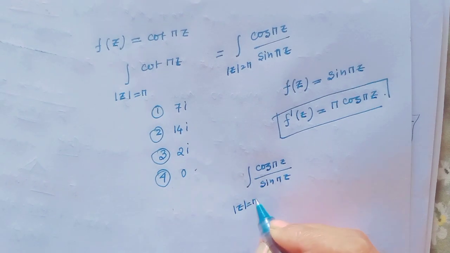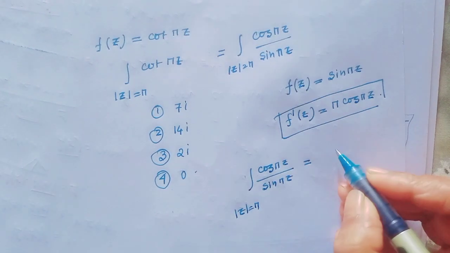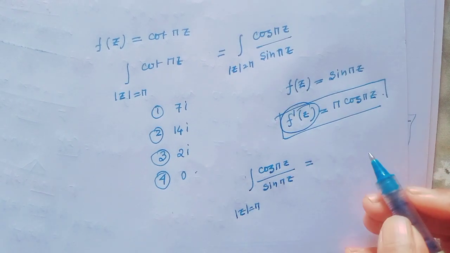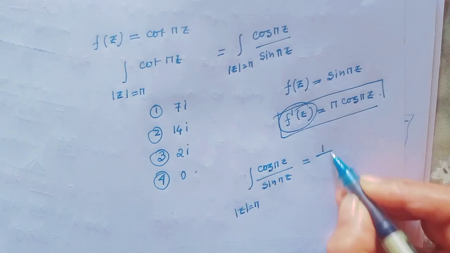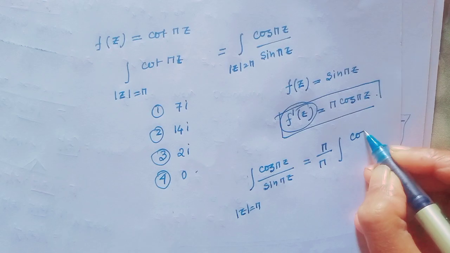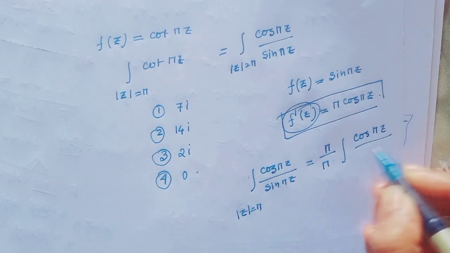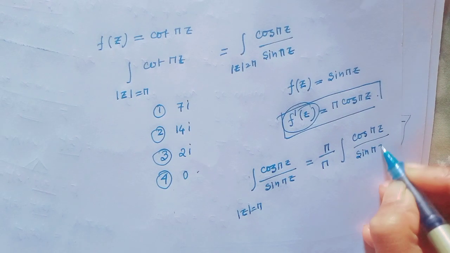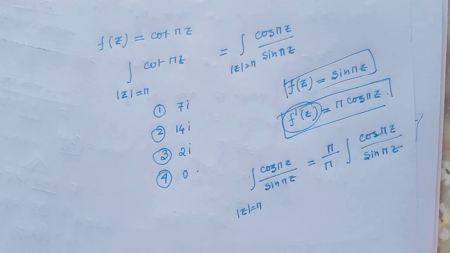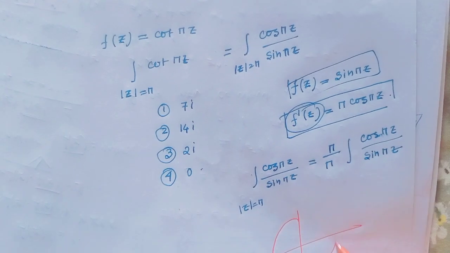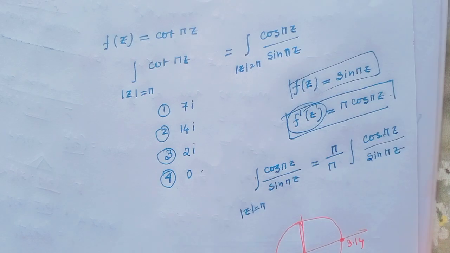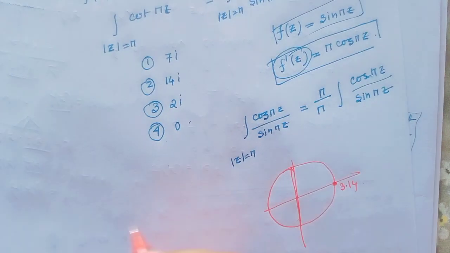Since f prime z is pi cos pi z, we write 1 over pi times the integral of pi cos pi z over sin pi z, and here f(z) equals sin pi z, and the contour is mod z equal to pi. That means here the value of pi is 3.14.